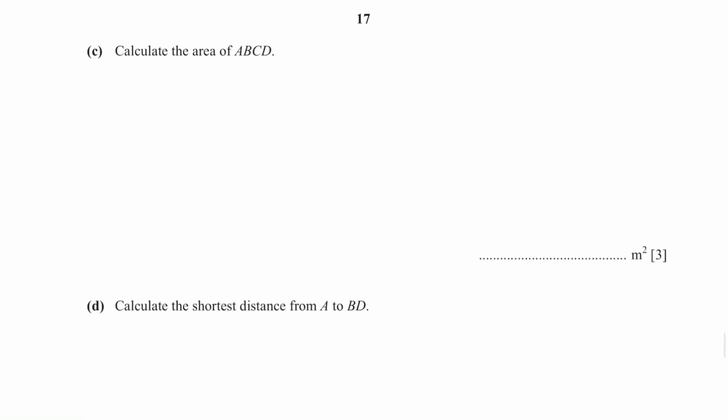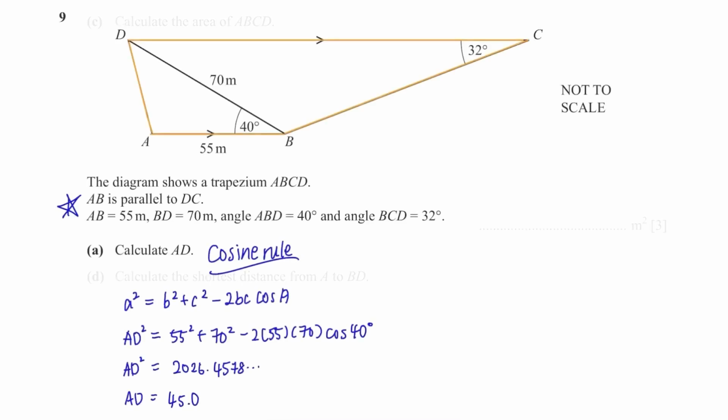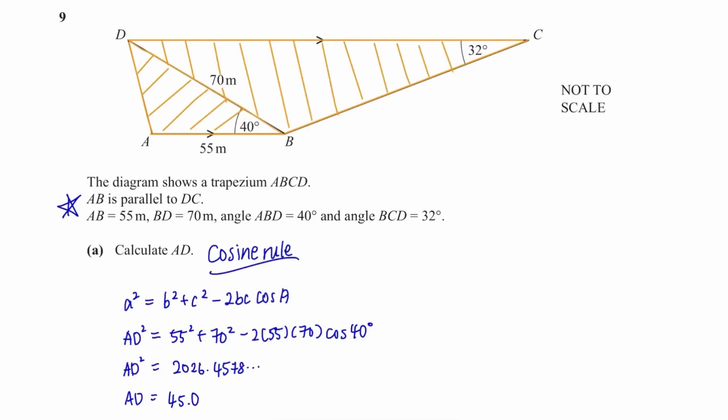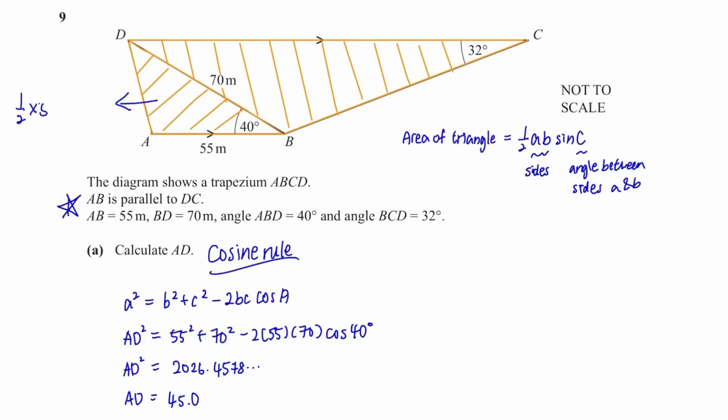Part C. Calculate the area of ABCD. You might want to find the area of this whole trapezium, but it's easier to calculate the area of each triangle and add them together since we have all the information that we need. The formula to find the area of a triangle is this, using trigonometry. a and b are the sides, and C stands for the angle between the sides a and b. For triangle ABD, it's half times 55 times 70 times sine 40.